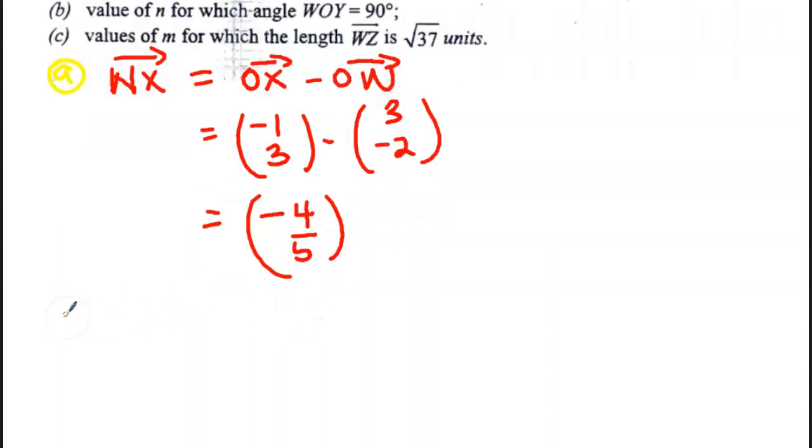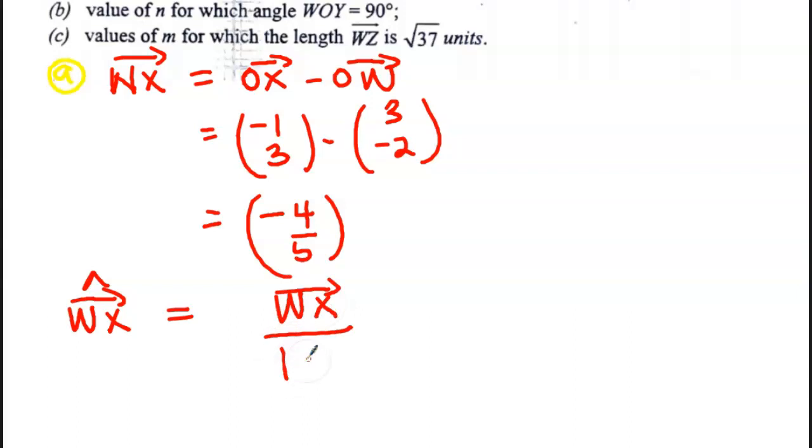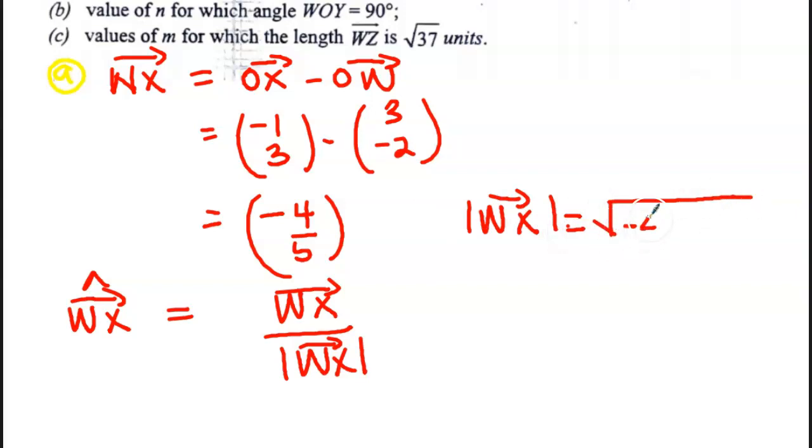The unit vector of the vector, this is the symbol for unit vector, is the vector over its magnitude. So let's find the magnitude of the vector. The magnitude of vector WX is equal to the square root of minus 4 squared plus 5 squared.